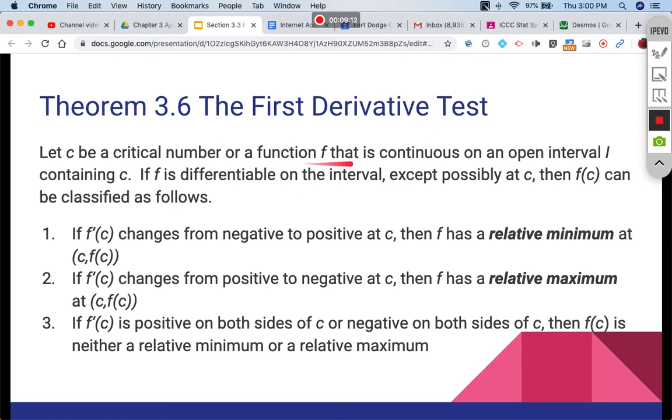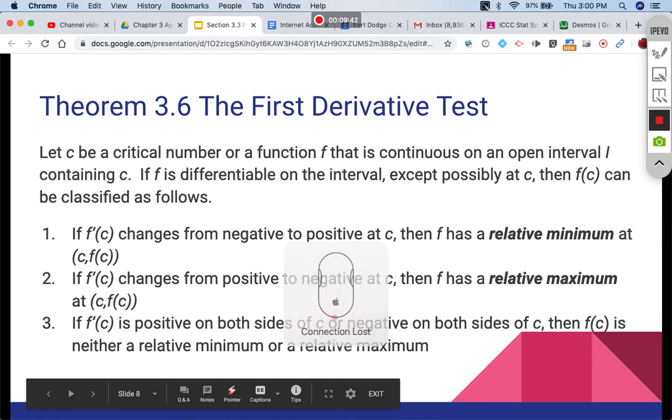It says if the function is continuous on an open interval and is differentiable on that interval except possibly at c, then if the derivative changes from negative to positive, it's a relative minimum. If it changes from positive to negative, it's a relative maximum. And if it doesn't change, then it is neither a relative minimum nor a relative maximum.